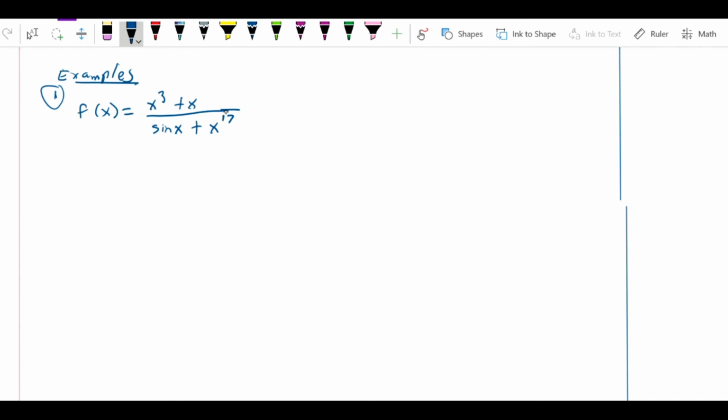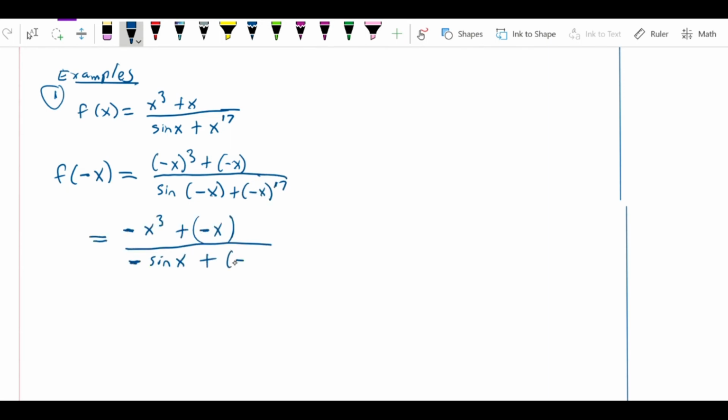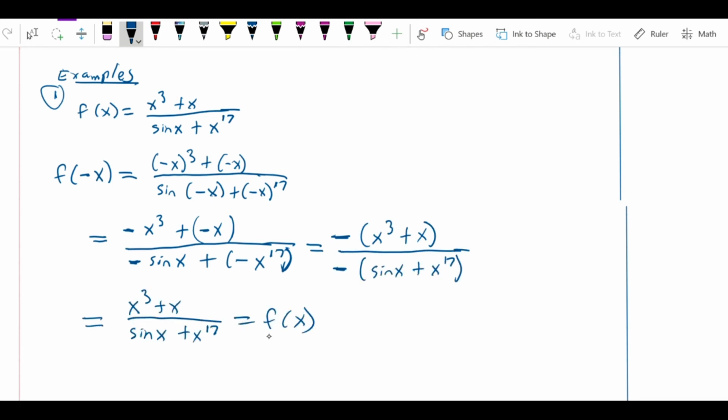If one of those comes out of the algebra, you know the function is either even or odd. So let's try it. So it seems that f of negative x equals f of x. In other words, this is an even function.